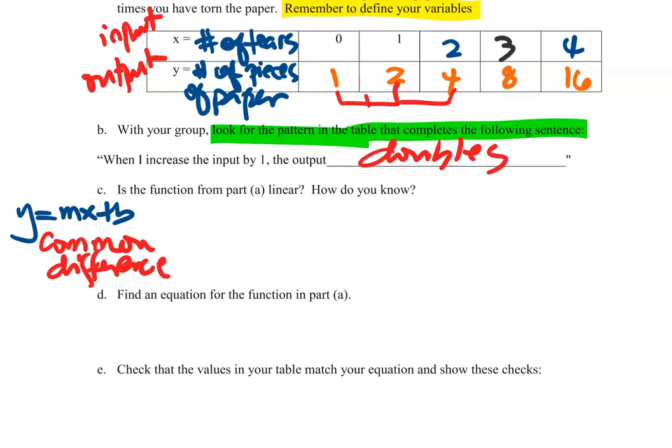How about the next two? 4 minus 2 is 2. 8 minus 4 is 4. 16 minus 8 is 8. As you can see, the differences are not the same. So that's why this is not linear. They don't have a common difference.